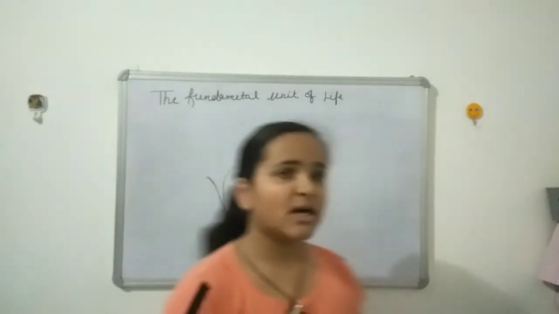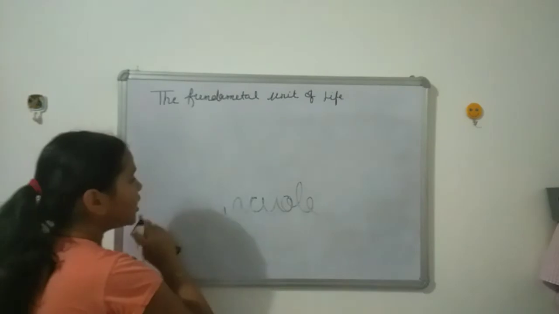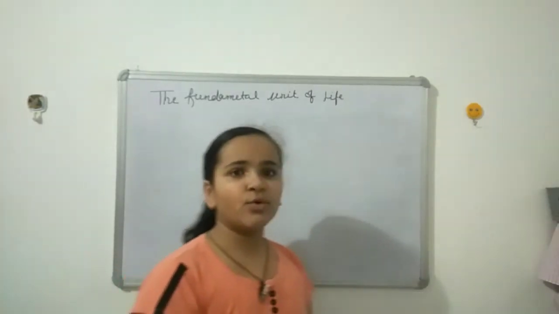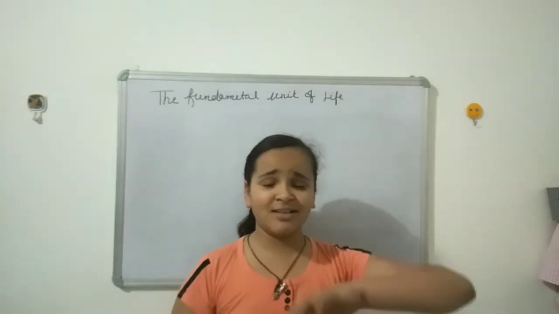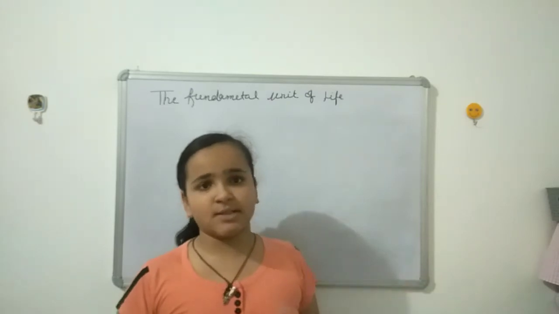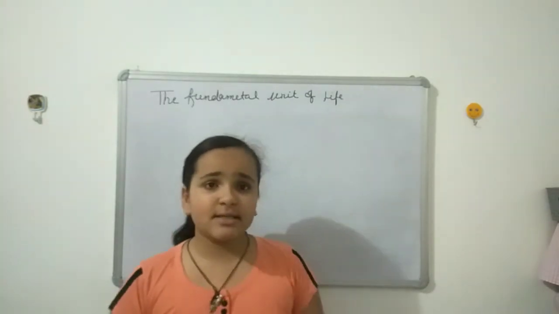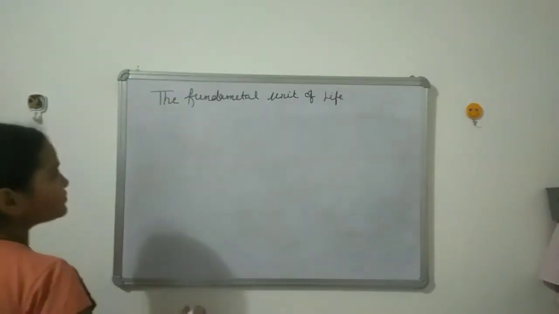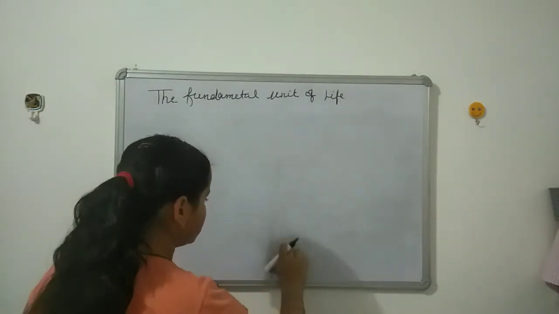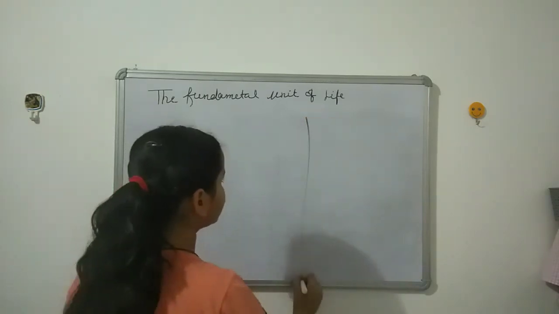So now our next point in this video, this is actually the last part of this chapter. I just want to clear the doubts, the differences between plant cell and animal cell. So what are the main differences? I just make a table here.